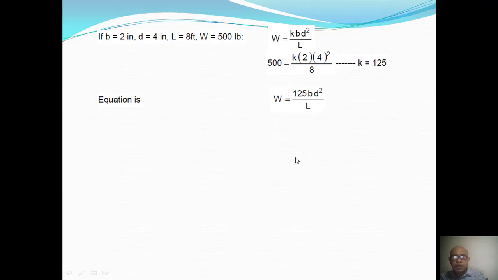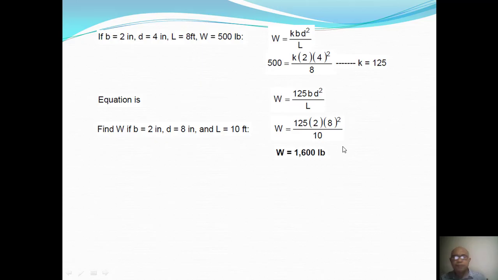So, question, what is the weight if the width is 2 inches, the depth is 8 inches, and the length is 10 feet? Then by substitution, we can solve for the weight that the beam can safely carry. So that is 1,600 pounds.